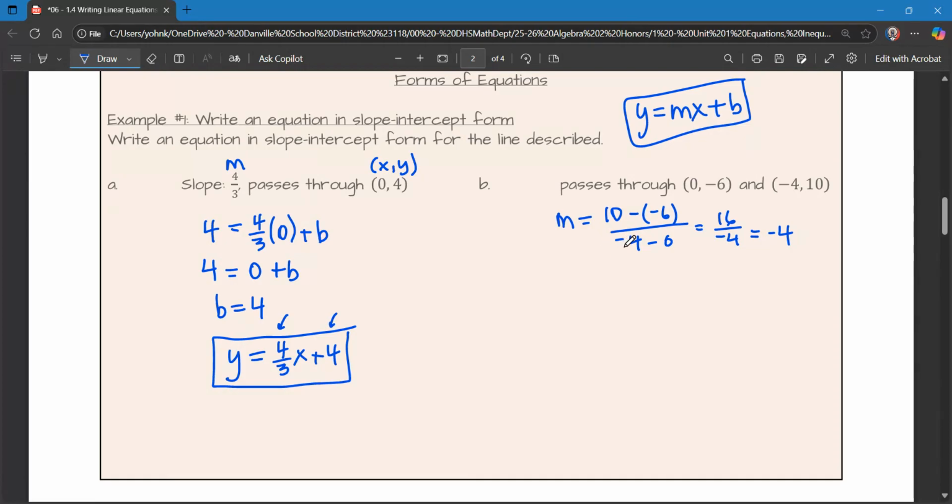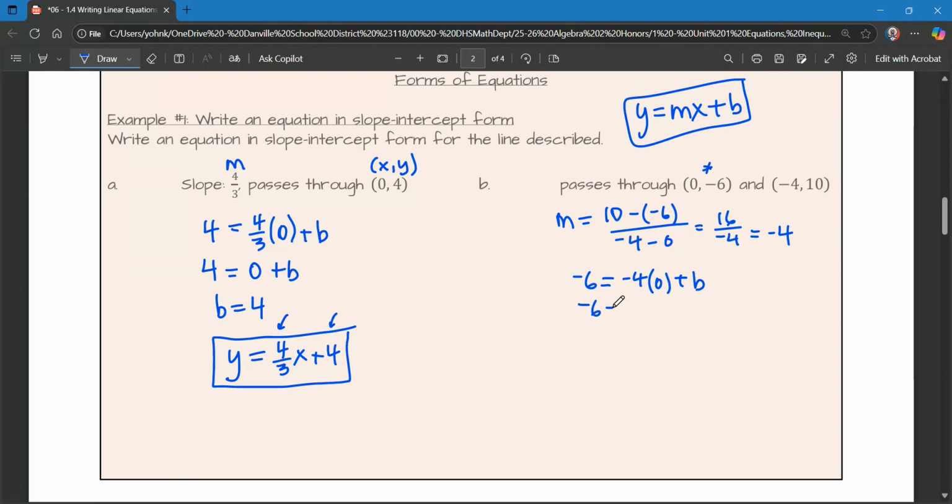Now we need to figure out what our b is. Well, we need to use one of these 2 points. It doesn't matter which one you use. I'm going to choose the first one because one of the numbers is a 0 and it's easy to plug in. So I'm going to go back to this y equals mx plus b equation and this time plug in the -6 for y, equals m, -4, times x, 0, plus b.